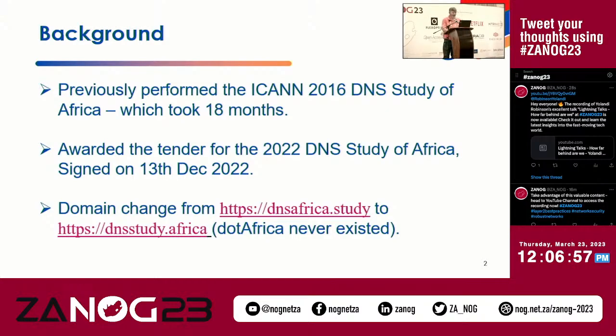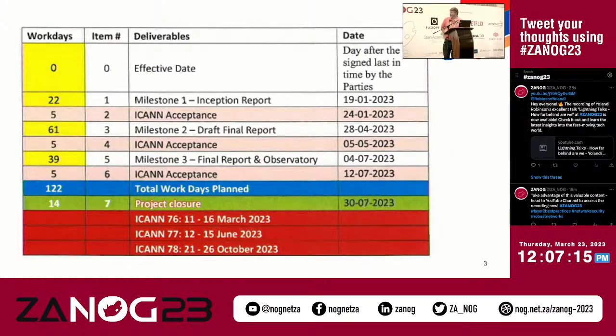We recently got awarded the tender right at the end of, halfway through December, basically the end of the year. Back then, .Africa never existed as a matter of interest. But since then, Africa does exist, and so we've changed the name of the domain system that works that. Very briefly, that's the time scale that we're looking at the moment.